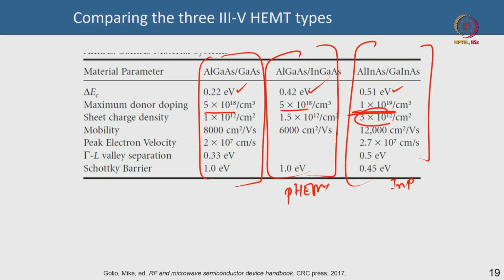The charge density can be 3 into 10 to the power 12, which is 2 times higher than pseudomorphic HEMT, 3 times higher than normal HEMT. Mobility is much better, velocity is much better, Schottky barrier is also slightly lower though, so the gate leakage could be higher, but people can find ways to live with that or mitigate that. So, this is the summary of the 3 types of HEMT that we are talking about here.